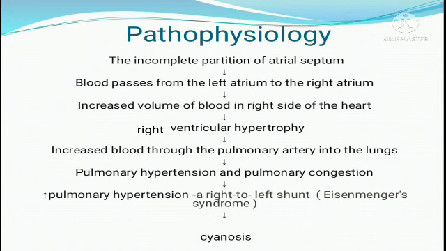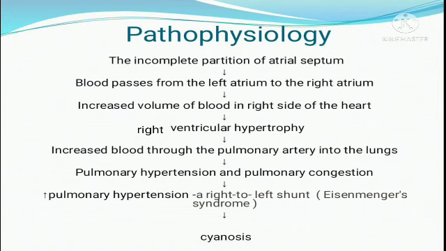But then pulmonary hypertension develops, as the pulmonary artery is continuously overworked. Even if you are working normally, you may not be tired, but if you work more than normal, you may get tired easily. When large amounts of blood flow through the pulmonary artery for a longer period, it causes pulmonary vascular resistance to increase.